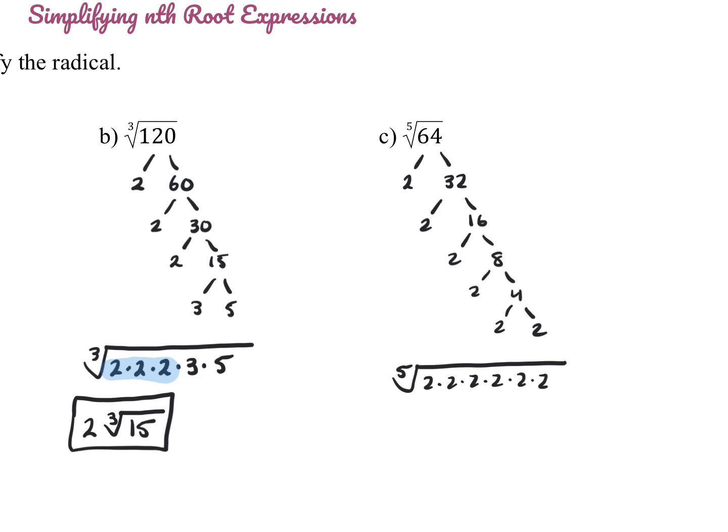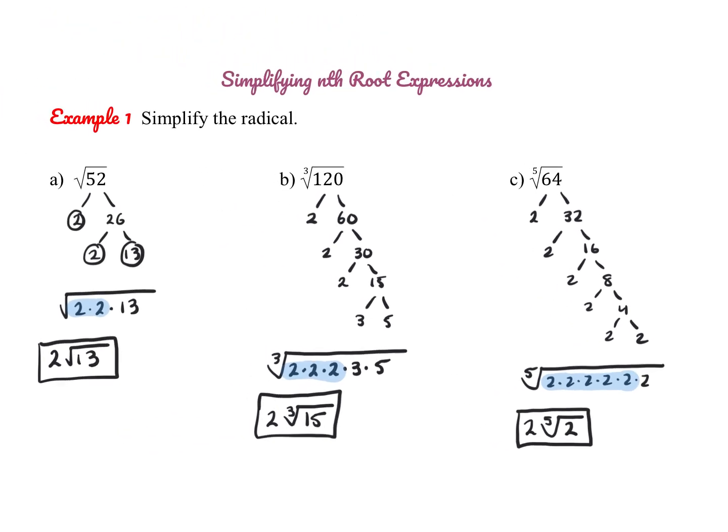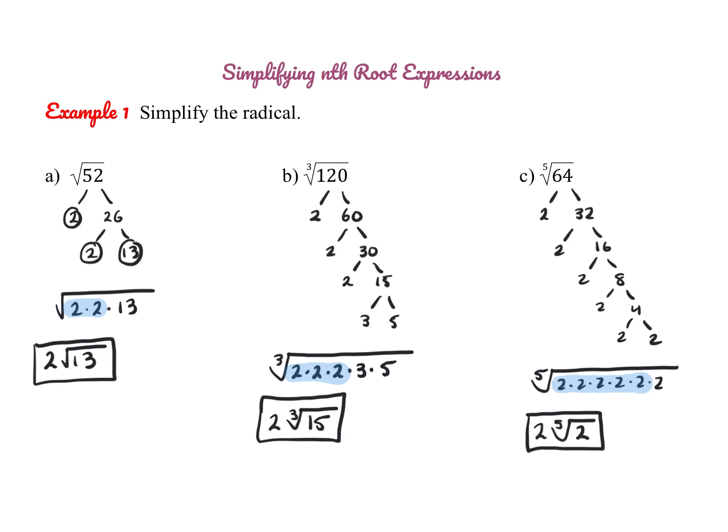And since it's a fifth root, we're looking for groups of 5. So 1, 2, 3, 4, 5. So it takes all 5 of those to put one out front. And you can see that I have 1 power of 2 left inside. So it's 2 times the fifth root of 2. So there's our quick review on simplifying nth root expressions.